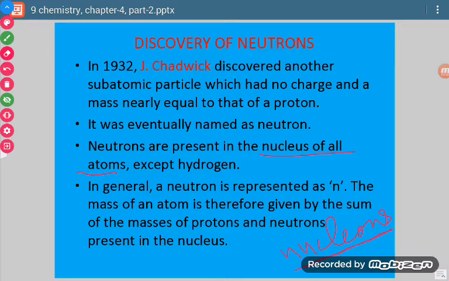Okay, in general this neutron is represented as small n. Now if we want to take the mass of an atom, then it will be equal to the sum of the mass of proton and neutron, and these two are present in the nucleus. So we can say the mass of an atom is equal to the mass of nucleons.